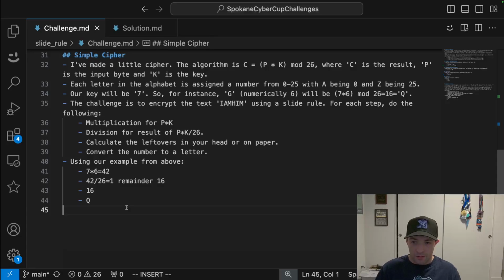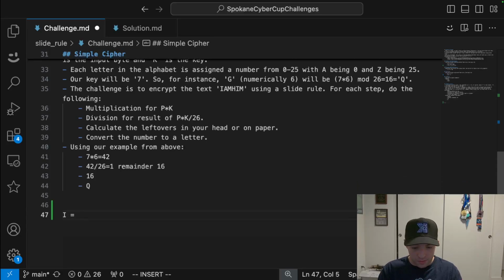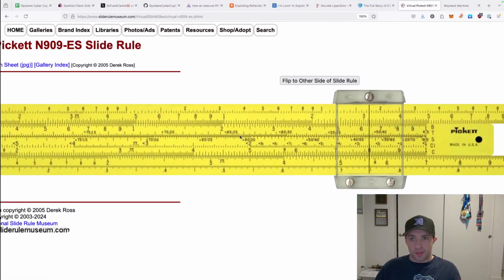So for I, it's 8 times 7. And now we need to divide this by 26. So 56 divided by 26. Is that going to underflow? I think it will.